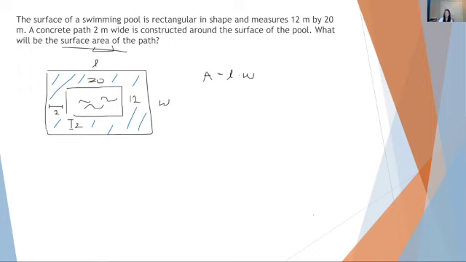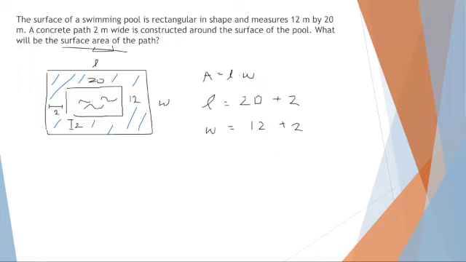Very close, but you're missing something. Does someone have an idea of what William missed? Just to recap, William was saying the length is 20 plus 2, and the width is 12 plus 2. Oh, I think I see what I missed.